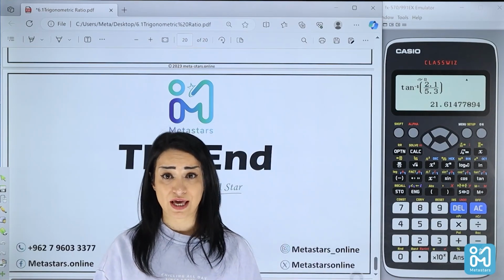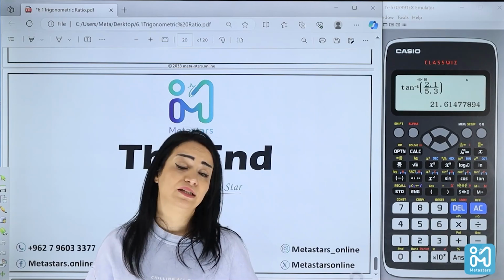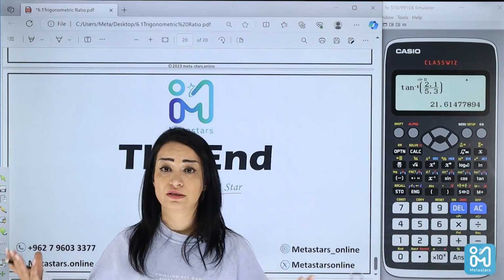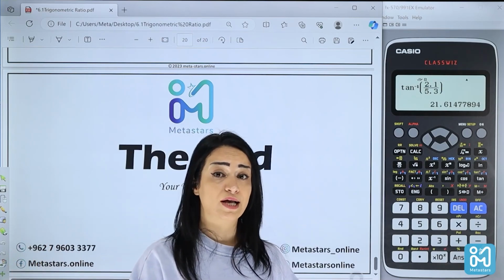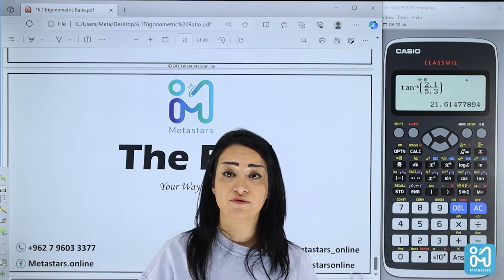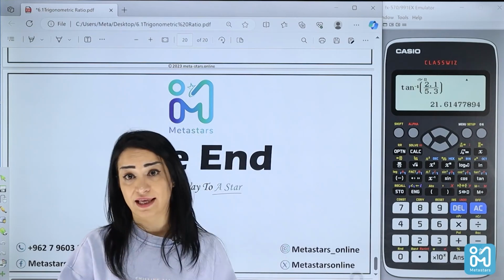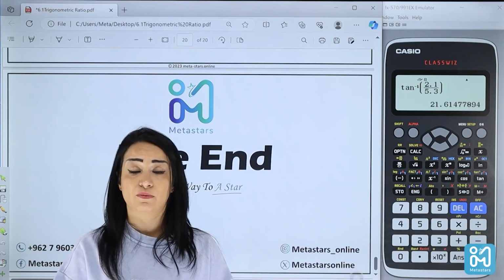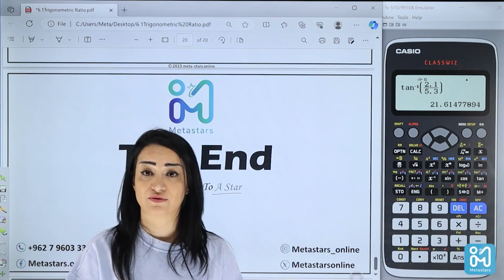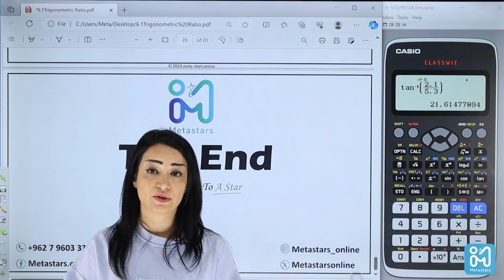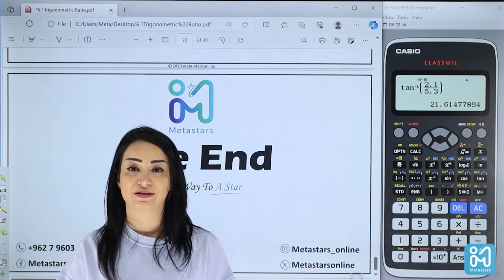We can use them in a right triangle to find the measure of the unknown sides, or we can use sine inverse, tan inverse, or cosine inverse to find the measure of the angle. So please, of course, it's very important. Study the lesson, solve the questions, and do all the practice. Good luck.